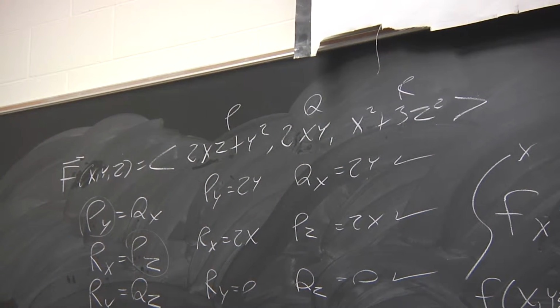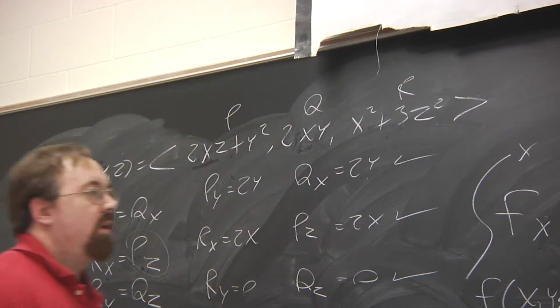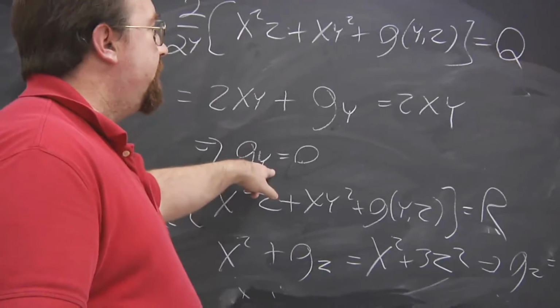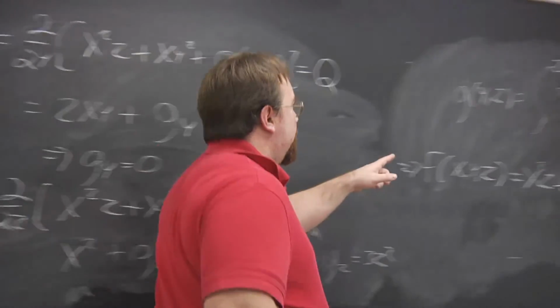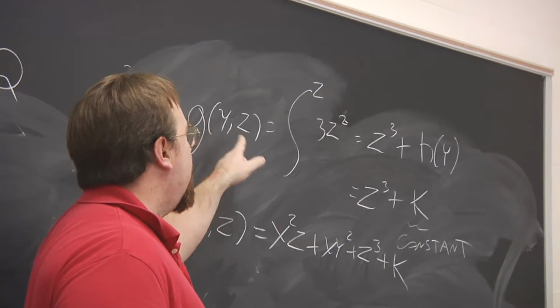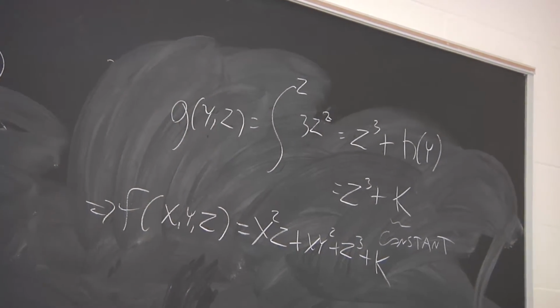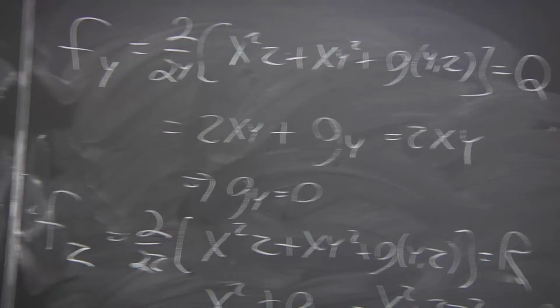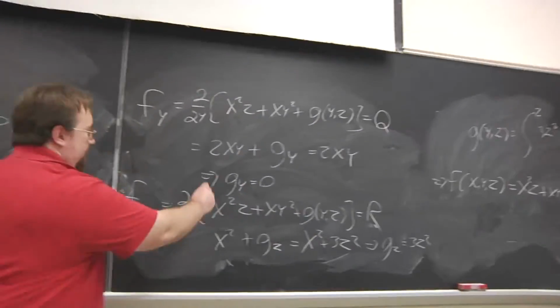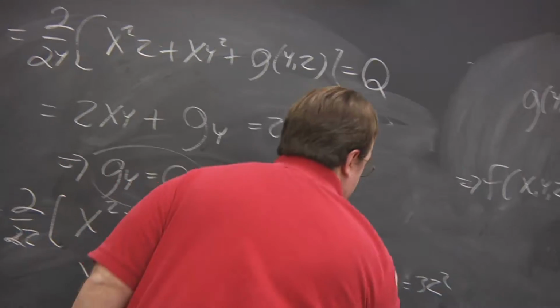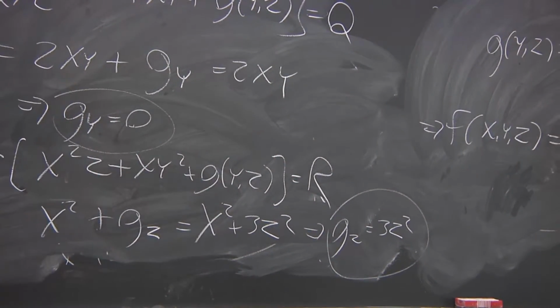How did you know h of y came to a constant? Oh, because the derivative of this whole thing with respect to y has to be 0. Yeah, so really we're using both pieces of information to finish the job.